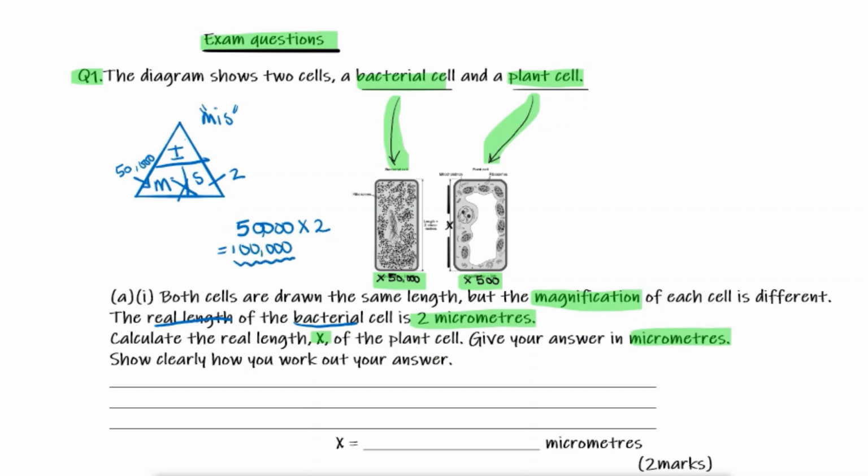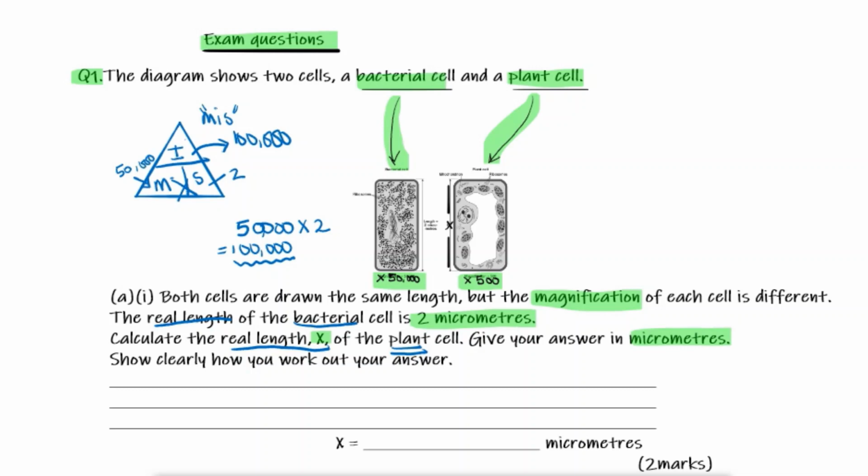Once we have that figure, we know for the bacterial cell, this is 100,000. We have to calculate the real length of X of the plant cell. Now we know what the image size is, we've just worked it out, because it's telling us both cells are drawn at the same length, which is 100,000.